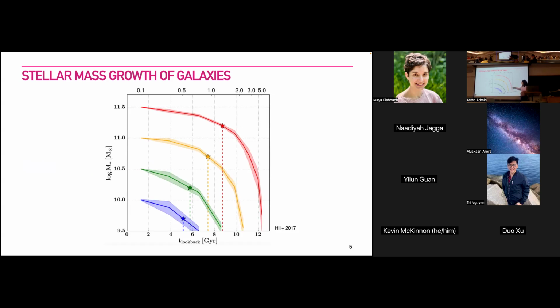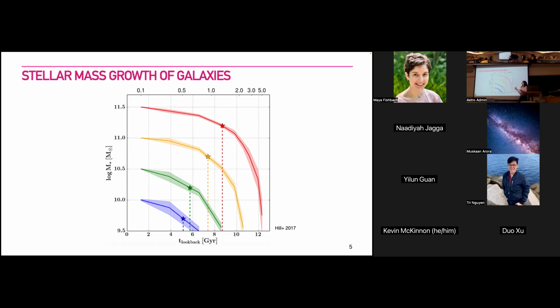It's showing galaxies with different stellar masses, and they form at different times in the universe. You can see that galaxies that were formed earlier had a very rapid star formation in the beginning compared to the lower star galaxies, and their whole quick growth is just different. It really depends on when they formed and how massive they are.